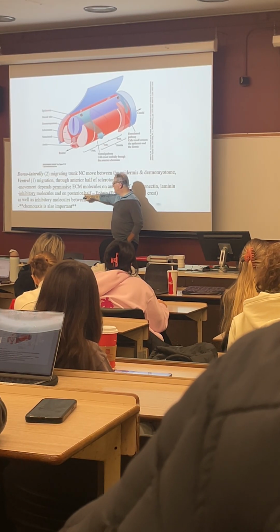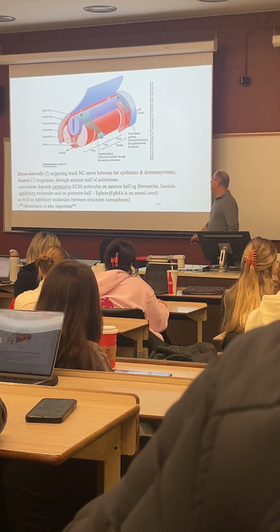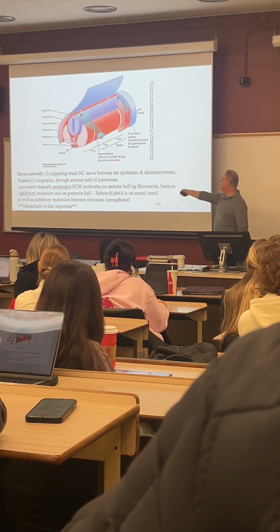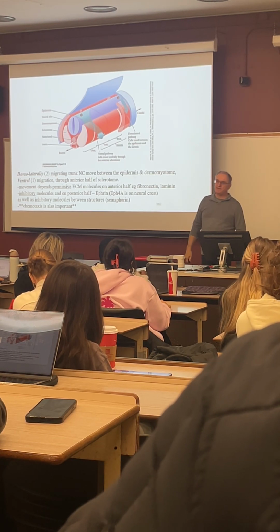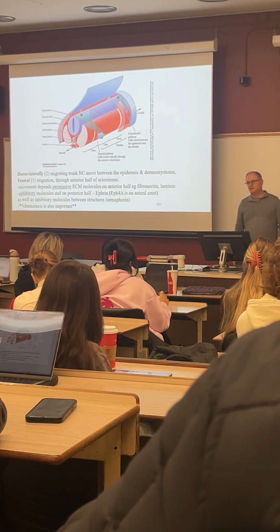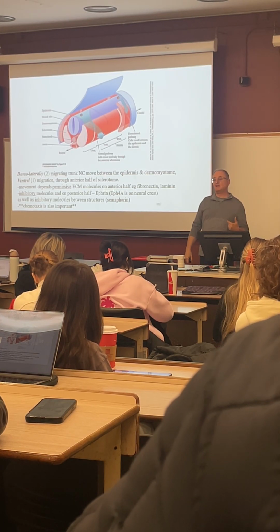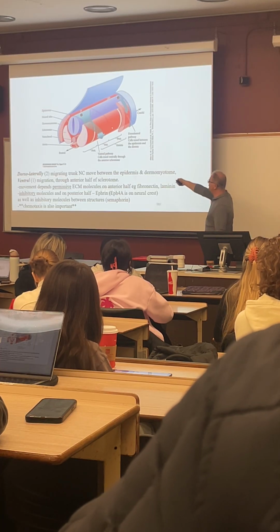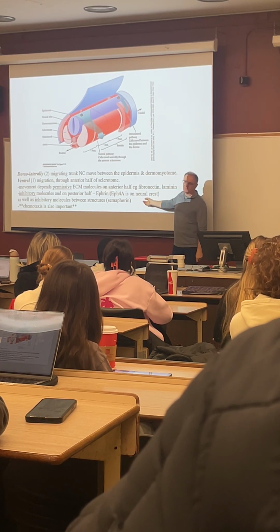Additionally, there's inhibitory molecules in the posterior half. Okay? So in the posterior half is ephrin. Right? If you remember, ephrin is on one half, the ephrin receptor is on the other half. That is involved in segmentation of the somite, but those molecules are still there and they can be used again. In this case, ephrin is on the posterior half, and the receptor is on the neural crest cell.